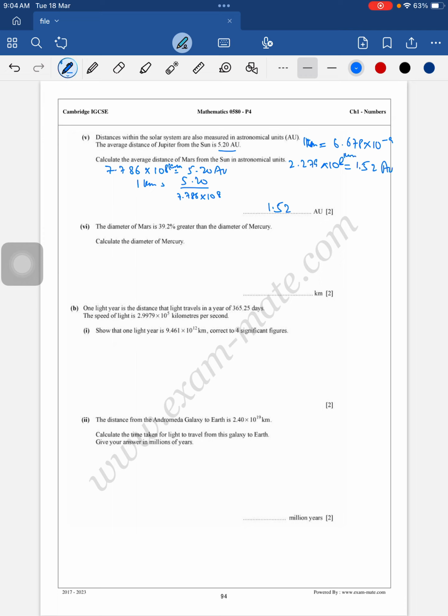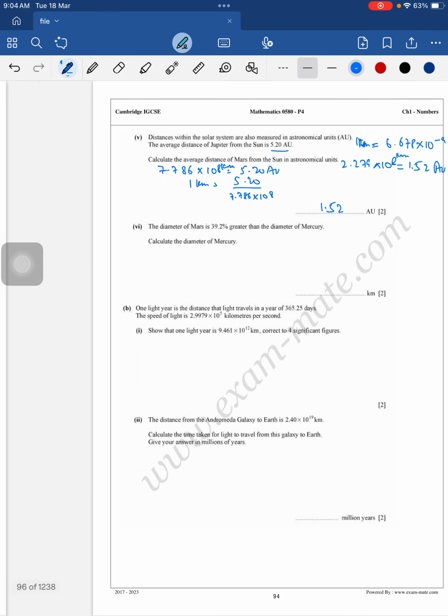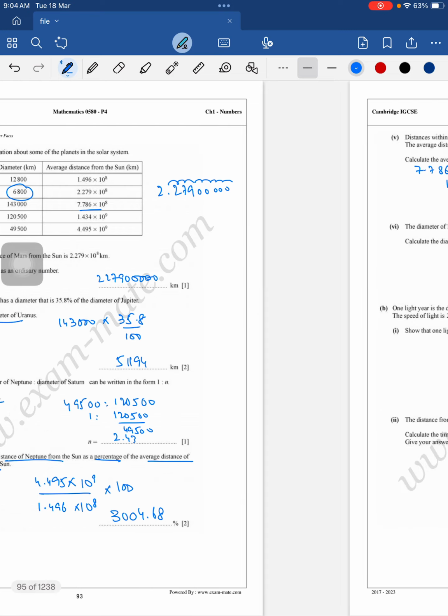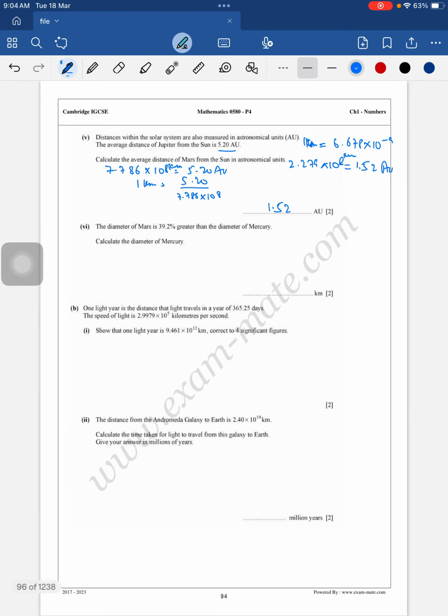The diameter of Mars is 39.2% greater than the diameter of Mercury. Diameter of Mars is given to us, diameter of Mercury is not given. Diameter of Mars is 6800, which is 39.2% greater. It means that I will multiply the diameter of Mercury by 139.2%, because Mars is greater than Mercury.